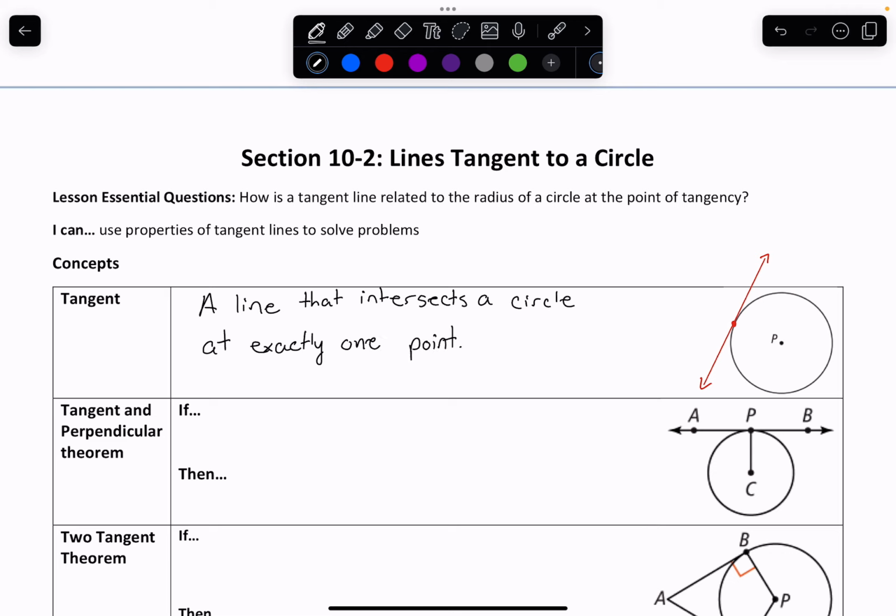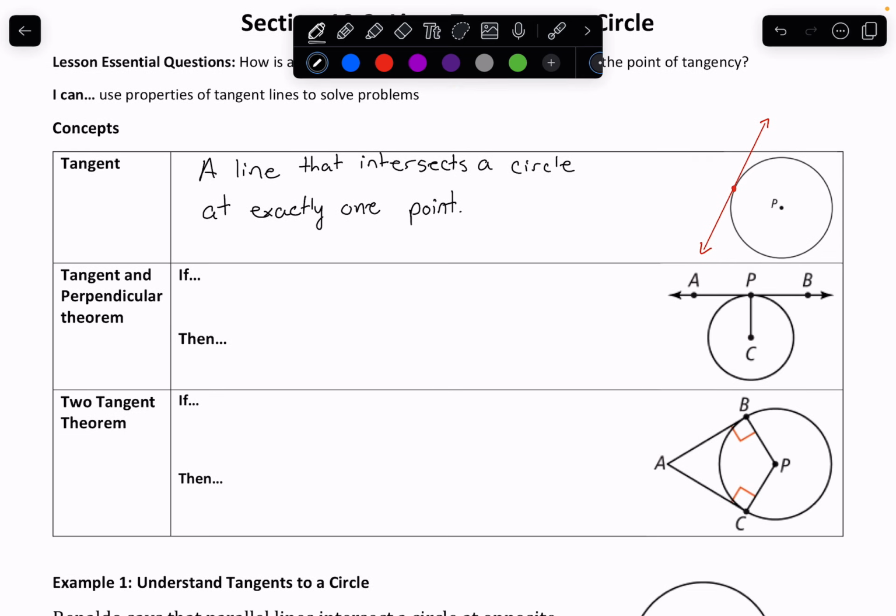And those tangent lines give us a few different ways to think about circles. We can draw some more lines into a diagram with tangent lines, and we can measure certain areas. So the first thing we can talk about is the tangent and perpendicular theorem, which tells us if we have a tangent and it is tangent to the circle, in this case, at this point.